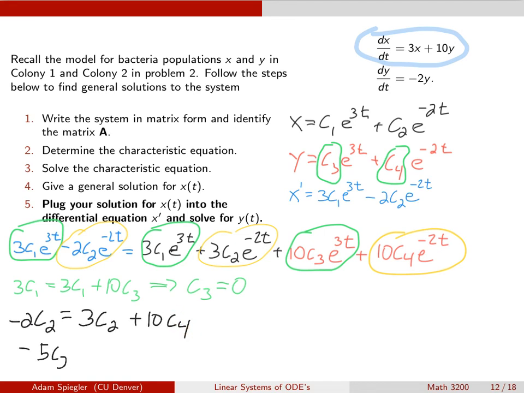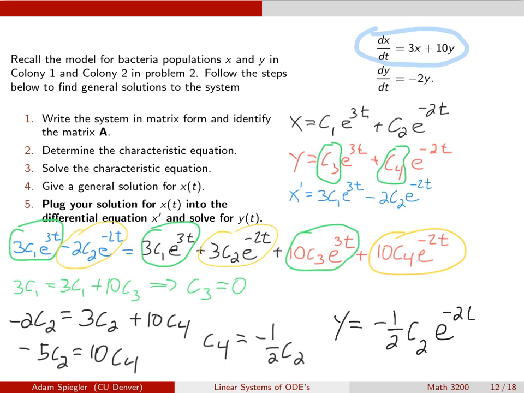If I bring the 3c2 to the other side, I get minus 5c2 is equal to 10c4, and therefore c4 is equal to minus 1/2 c2. So this tells me that c4 is not totally arbitrary. It depends on the value that we find for c2. So altogether, y would equal 0 plus minus 1/2 c2 e to the minus 2t.